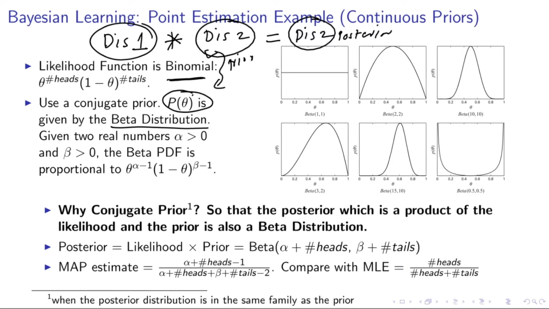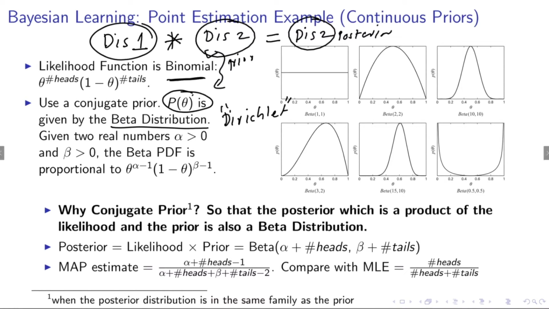Okay, so it turns out that for the binomial function, the beta distribution is the conjugate prior. Okay, so if you had a multinomial likelihood function, then you would have used a Dirichlet distribution as your conjugate prior.